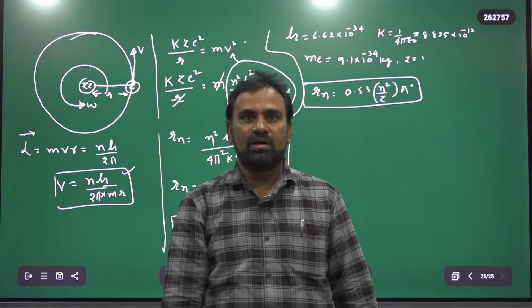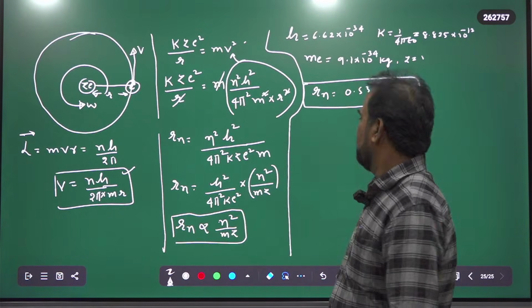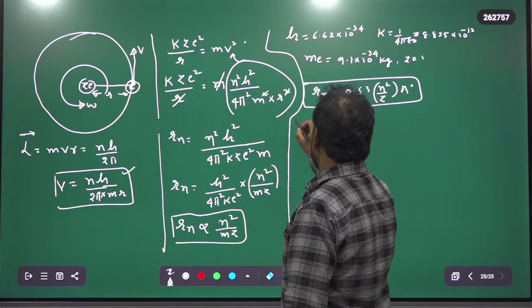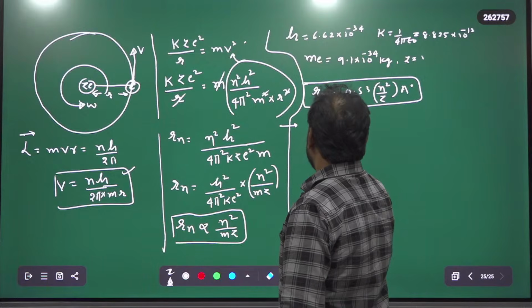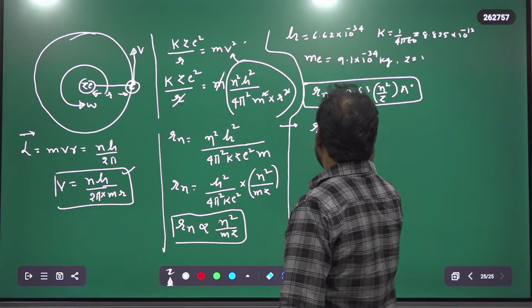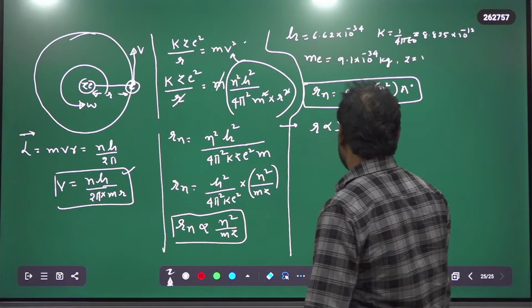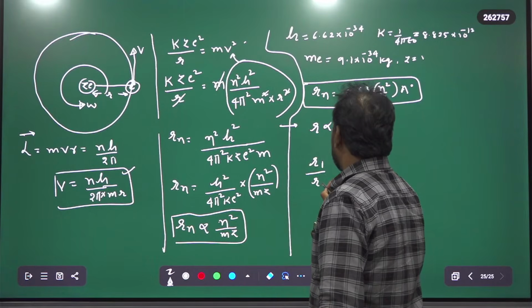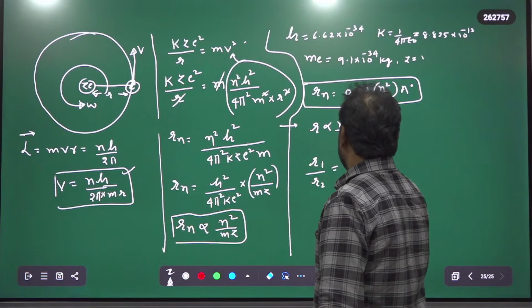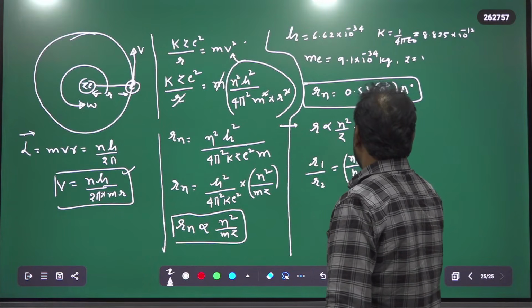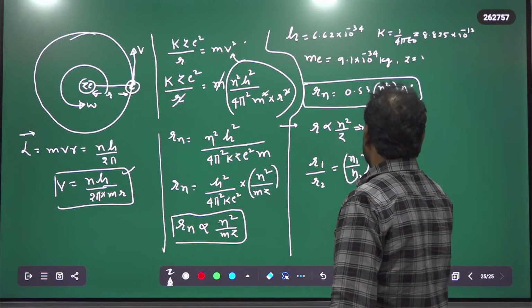I hope you may have understood this one. So from this it is very clear that R is directly proportional to n square by Z, meaning for different atoms the radius would be different. That is R1 upon R2 is equal to N1 upon N2 whole square into Z2 upon Z1.